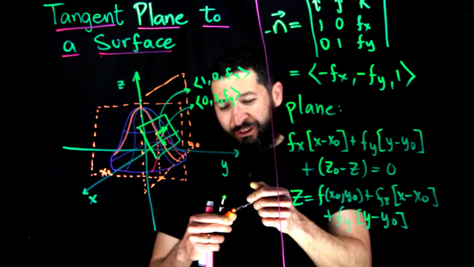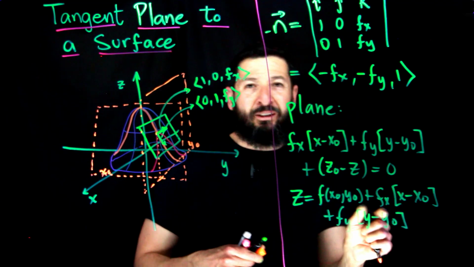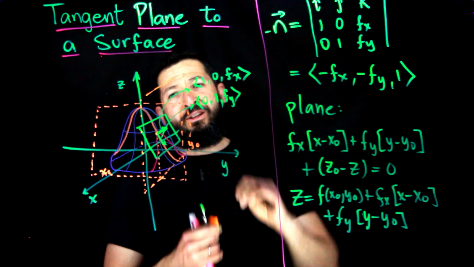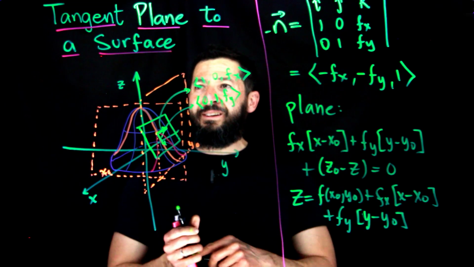So it resembles the same idea. You have a slope times an increment, slope times increment, plus a point that shifts your position to get you all the way back to the point of tangency.